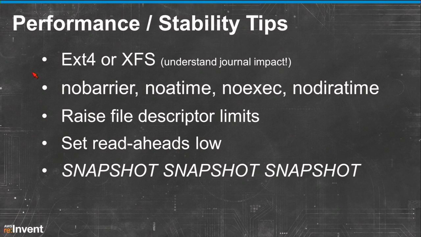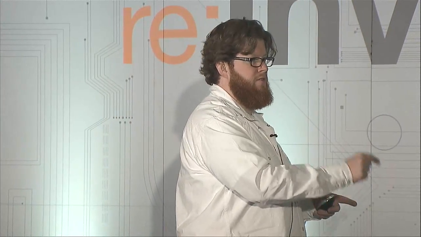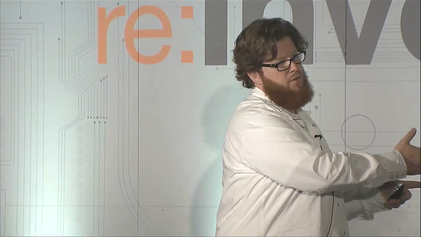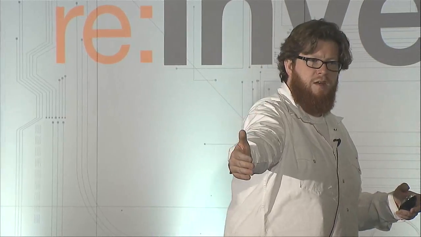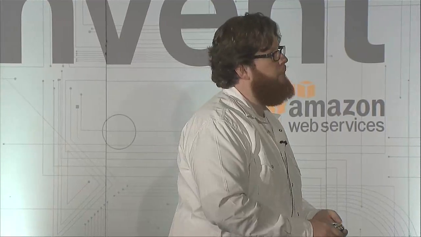Many applications don't make use of some costly file system features, particularly like noatime and nodiratime. And set read-aheads low on provisioned IOPS storage. If you read ahead 512K for every read, and you only actually need a 4K read, you just spent, I think it's 32 separate IOs that you didn't need to spend against storage. Your storage will go very slow.